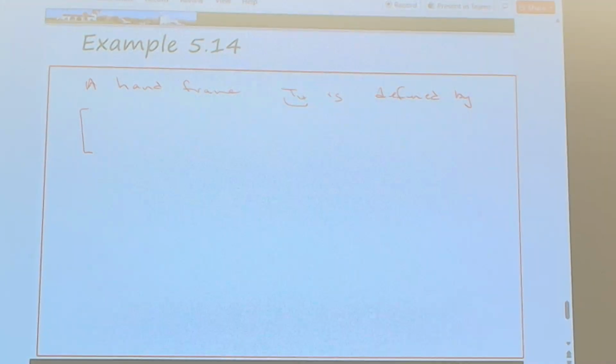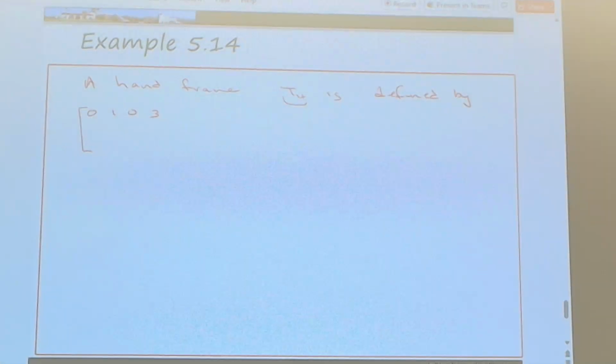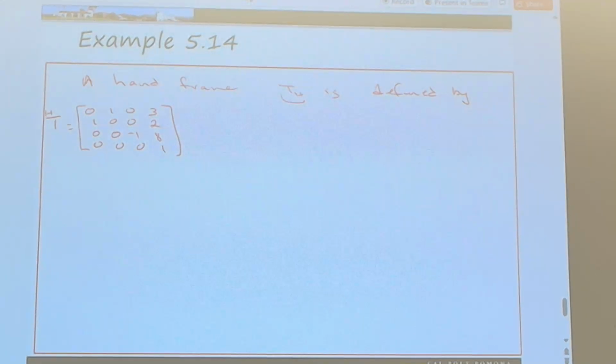Like A1 times A2 times A3, all the way through, could result in something that's never going to look this pretty, but it could be 0, 1, 0, 1, 0, 0, and with the position at 2, 0, 0, minus 1, 8, and then this has to be 0, 0, 0. Okay, that's T hand. Sometimes NuQ, I notice, uses that lower right corner. Typically, we've been using this one. Depends on the Craig. I'm more accustomed to writing it this way, but I recognize that NuQ can change it up.